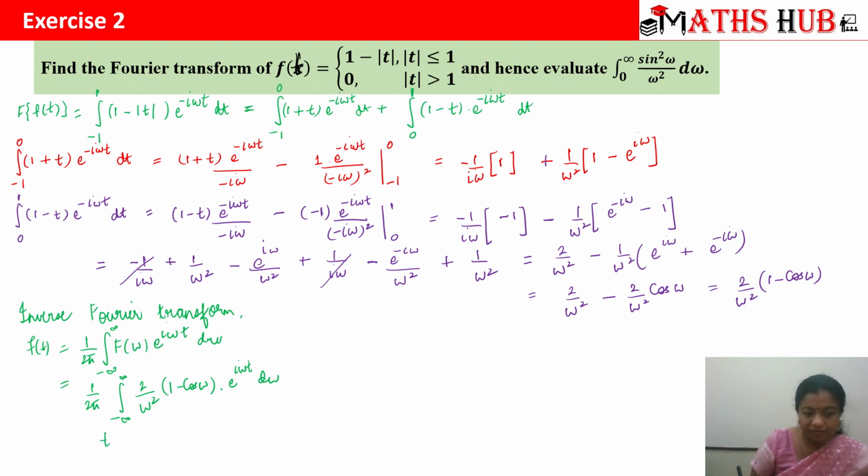So let us put t equal to 0. So when I put t equal to 0, what do I get? T equal to 0 will fall in this range. So f of t will become 1 minus 0, which is 1. So 1 is equal to 1 by 2 pi minus infinity to infinity 2 by omega square into 1 minus cos omega, which will become 2 sine square omega by 2 d omega.